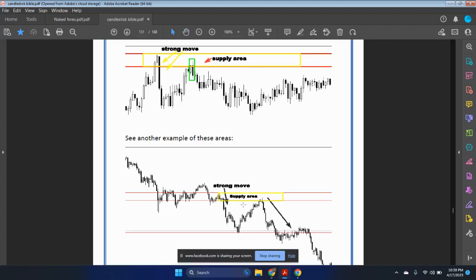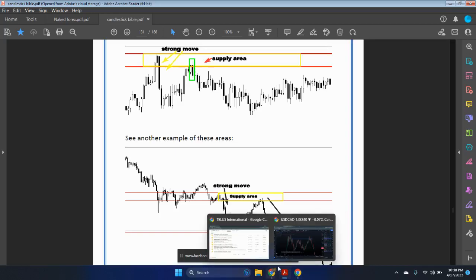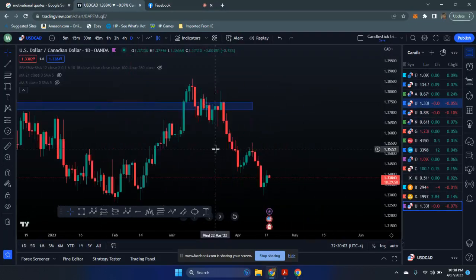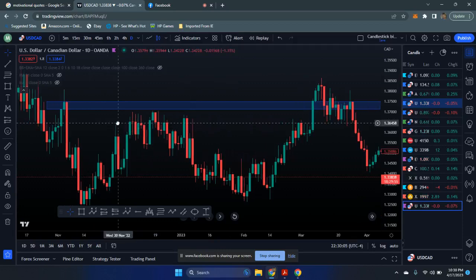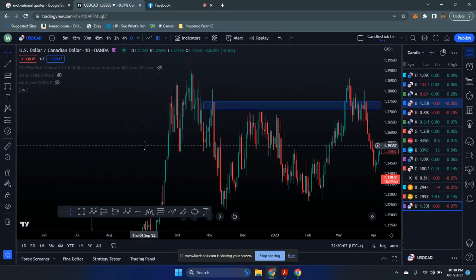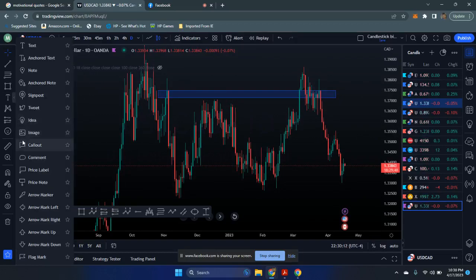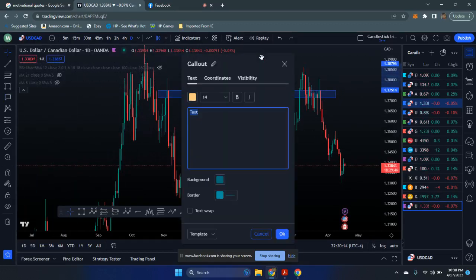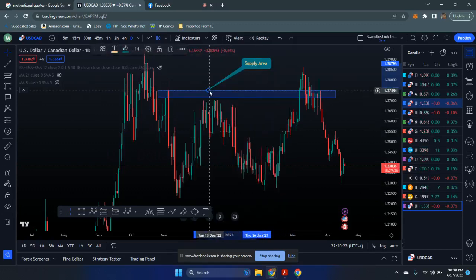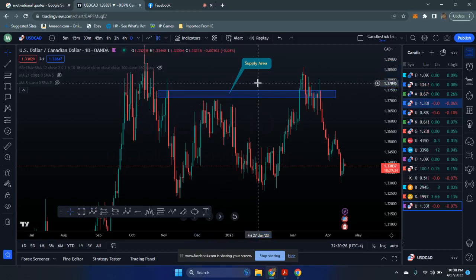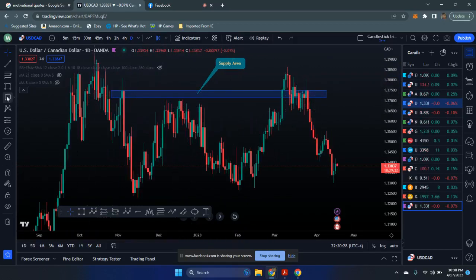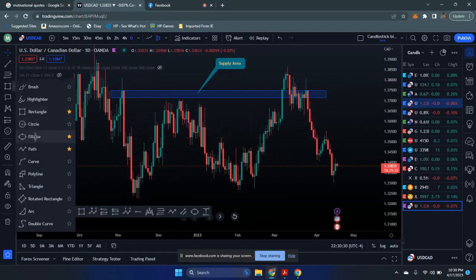So now we need to find the bearish engulfing, which of course was there as well. I wasn't even paying attention to it like that. So we have our supply area. Now we have our bearish engulfings here.